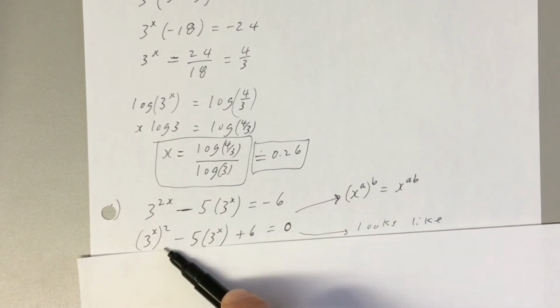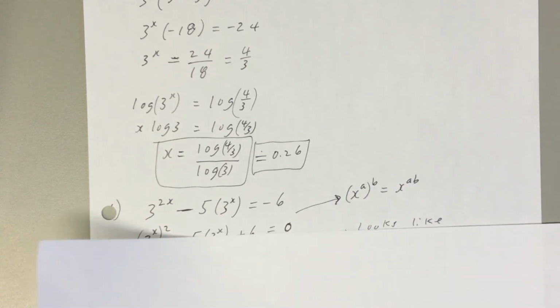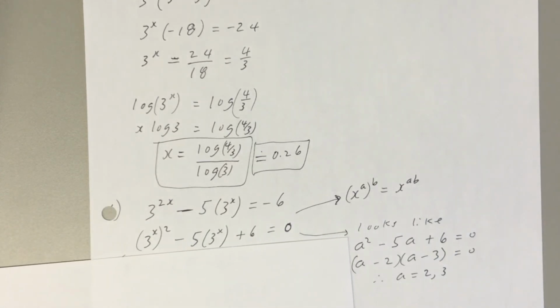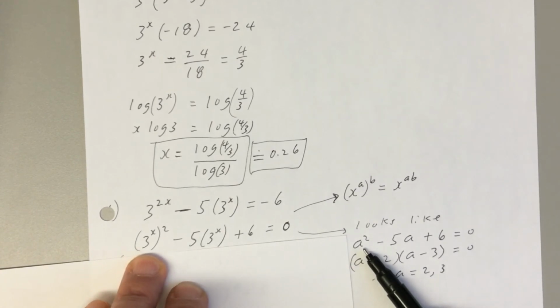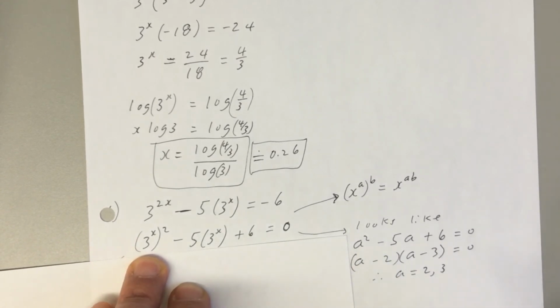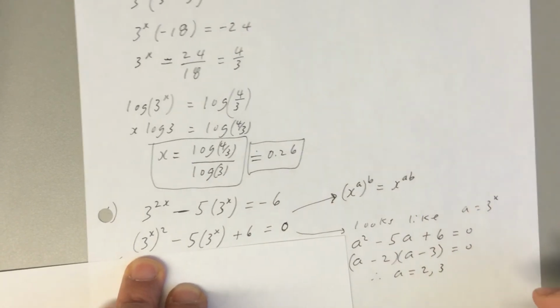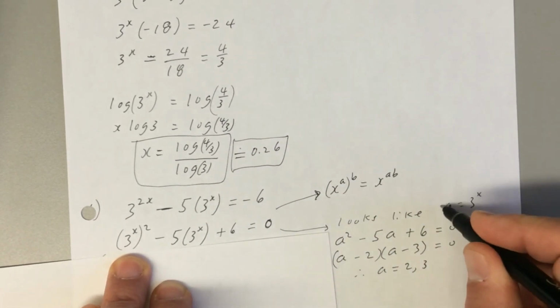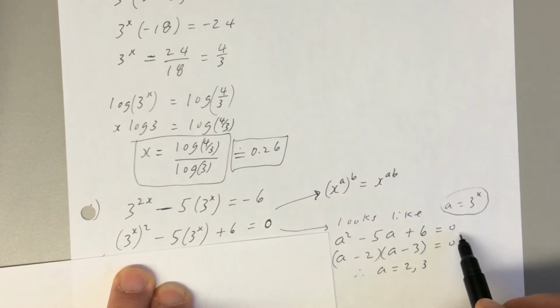We've used this rule here for this part, and we have a quadratic. That quadratic looks like this, where a equals 3 to the x. We've got a squared minus 5a plus 6 equals 0.